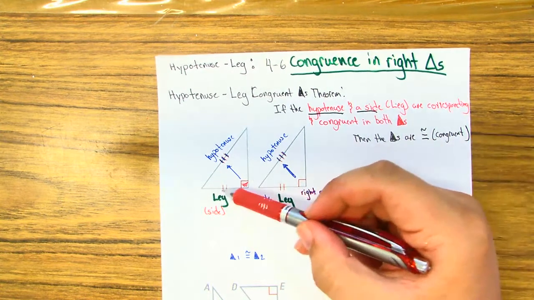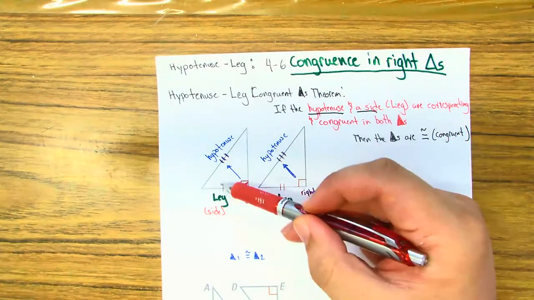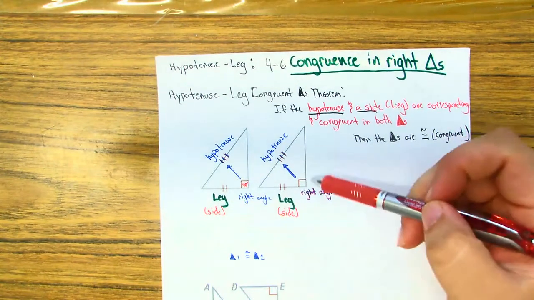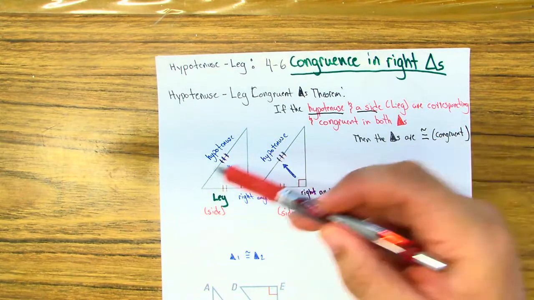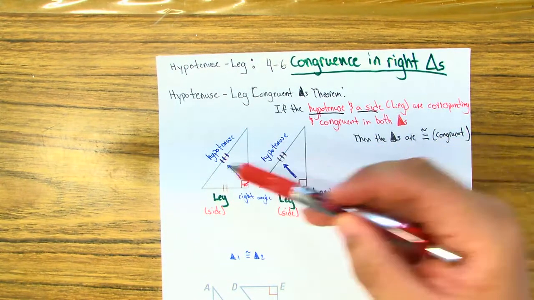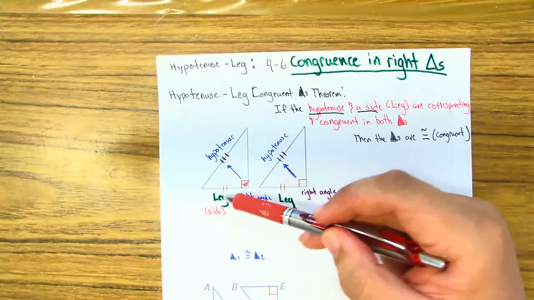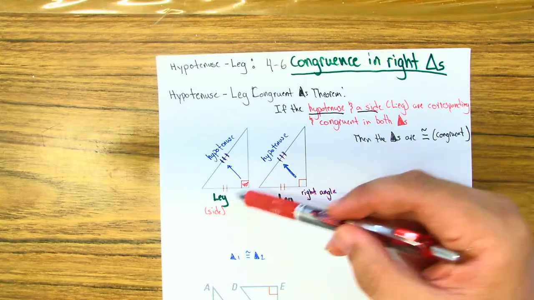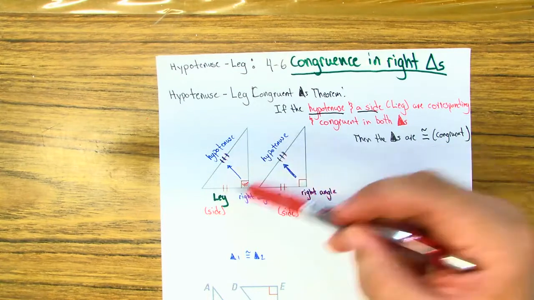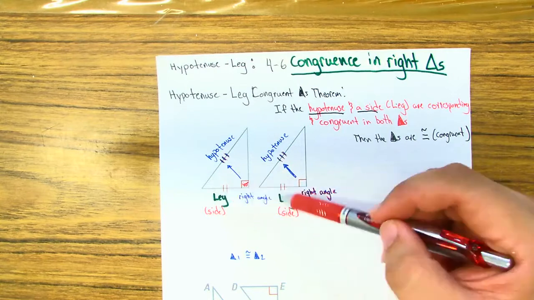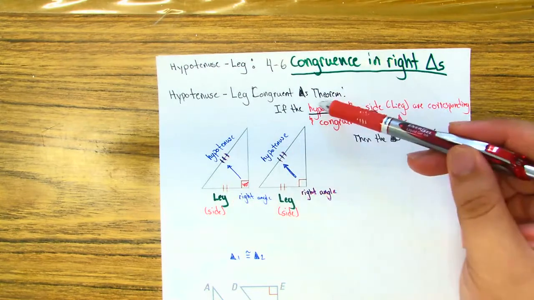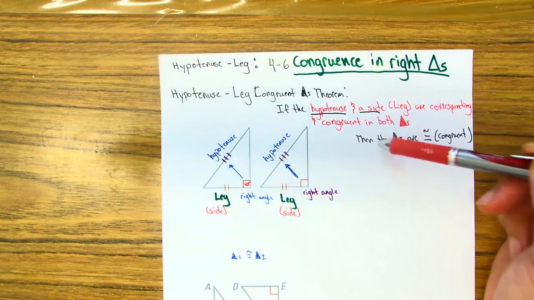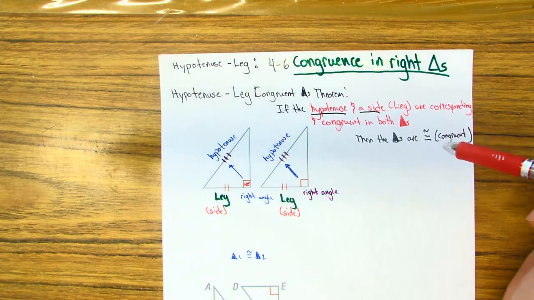How do we know these two legs are congruent? They're congruent because of the tick marks here. So it's showing that these two hypotenuses are both congruent with the tick marks, and this short leg is also congruent because of the tick marks. Since a hypotenuse and a leg are congruent in both triangles, the theorem states that the triangles are congruent.